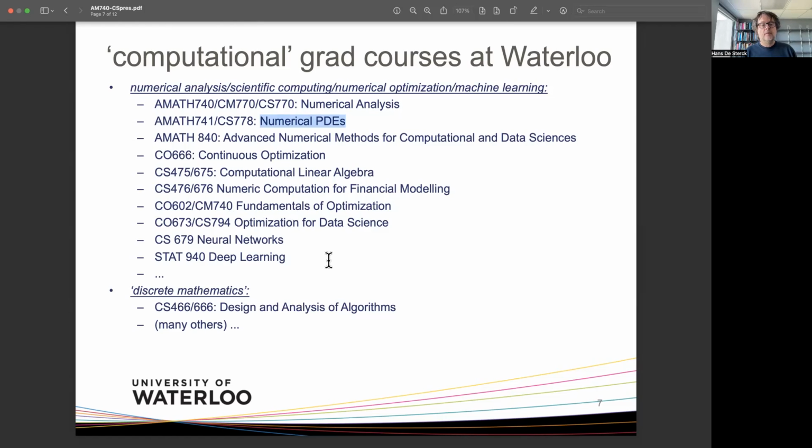They all use a lot of numerical methods and numerical computing. What is different is, like I said, discrete mathematics and design and analysis of algorithms, which focus on different types of computational algorithms, not on numerical computing.